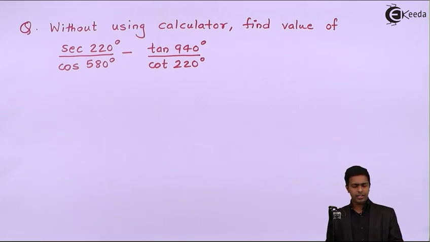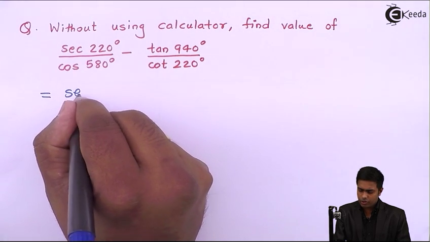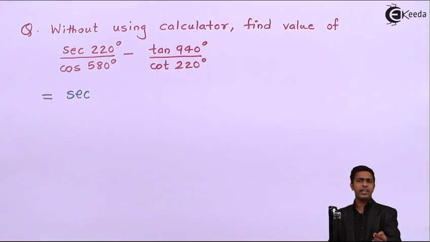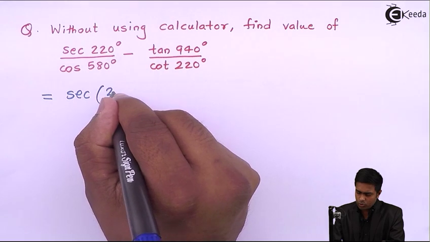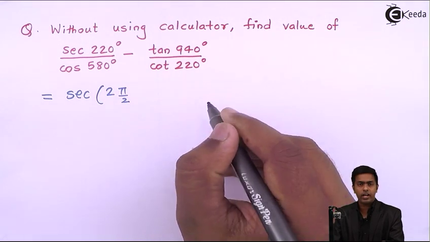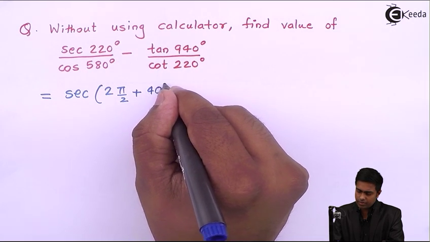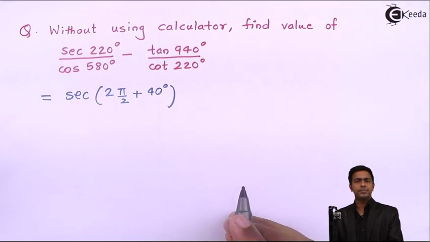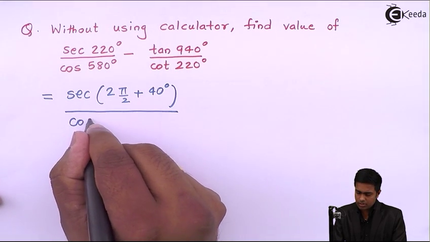So let's represent it. Here we have 220 degree. If I represent it in multiples of 90 degree, then we know that 2 times 90 degree is 180 degree, and if we add 40 degree, that will become 220 degree, upon cos.